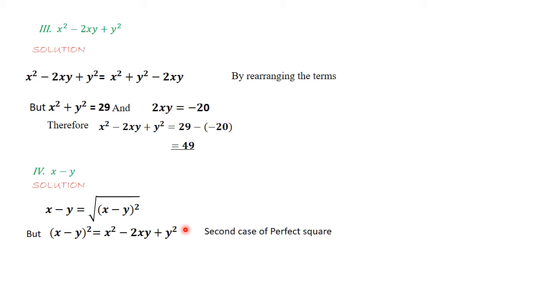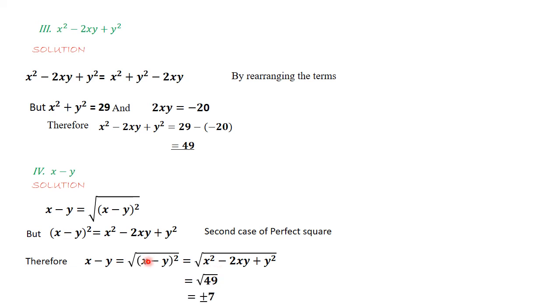Therefore, x minus y, which is the square root of this, is the square root of what we have here, and that's what we've just done in the previous question, Roman 3, and we had 49 here. Therefore x minus y is just the square root of 49, in which case it will be plus or minus 7. So Roman 4 also reduces that way, and it's quite simple.